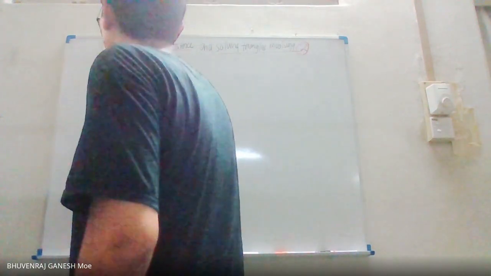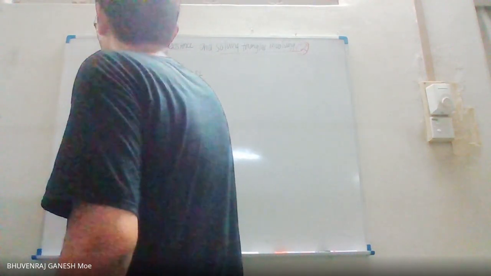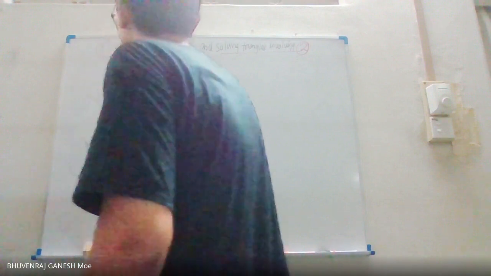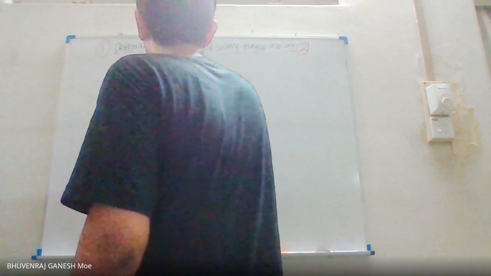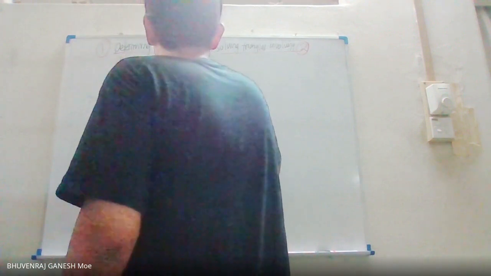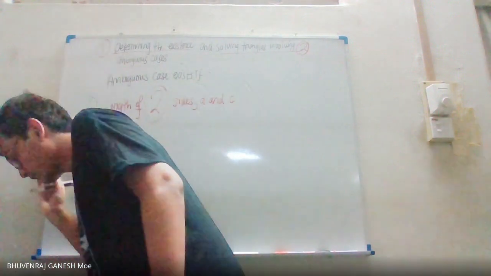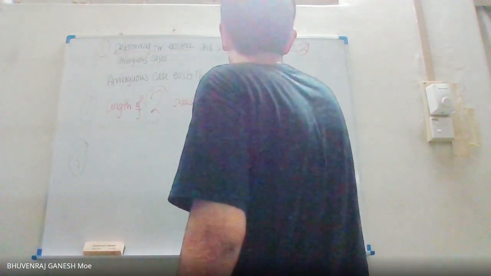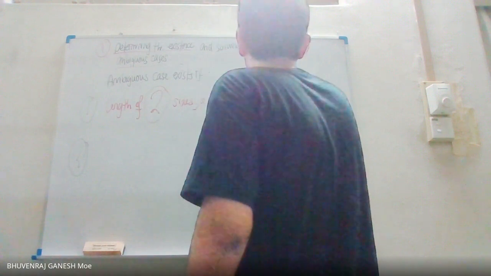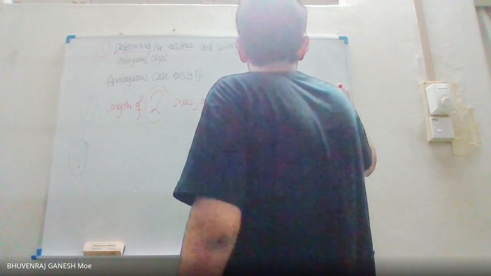So the length of two sides, it must be two. Make sure it's two. Randomly, they give here A and C. It can be B also. And a non-included angle.